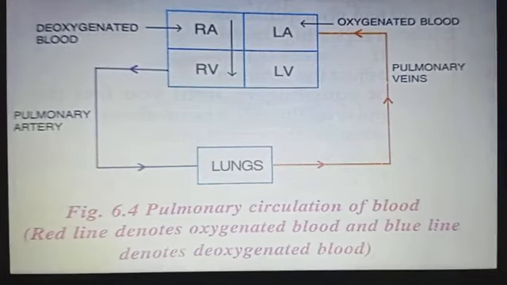So, in this type of circuit, what happens? The blood flows from the right side of the heart to the lungs. What for? For oxygenation. What is oxygenation?